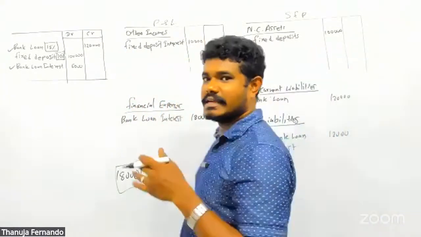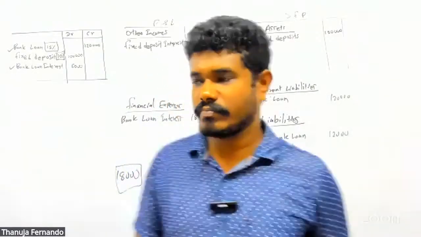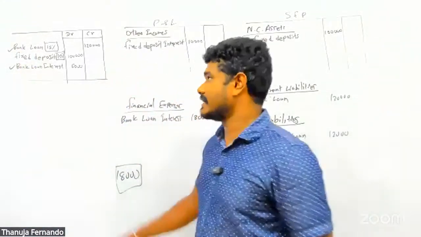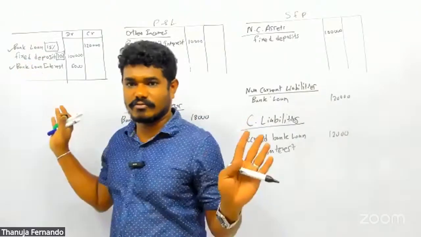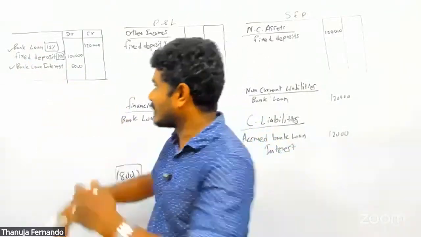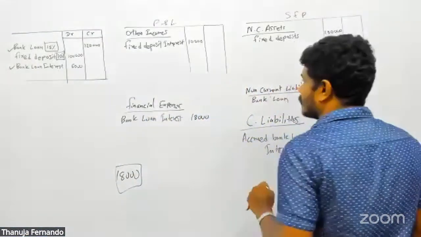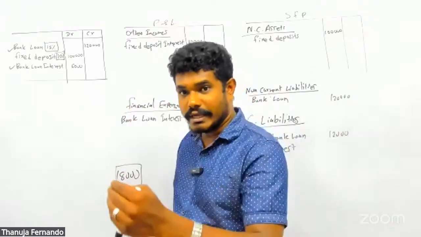Then finally, we have to check whether we received or not. If we received, then we can see it in the trial balance. If we see it as fixed deposit interest in the trial balance, then we received a certain amount. So here, we can see nothing. So it means we didn't receive it yet. Then it is to be received.